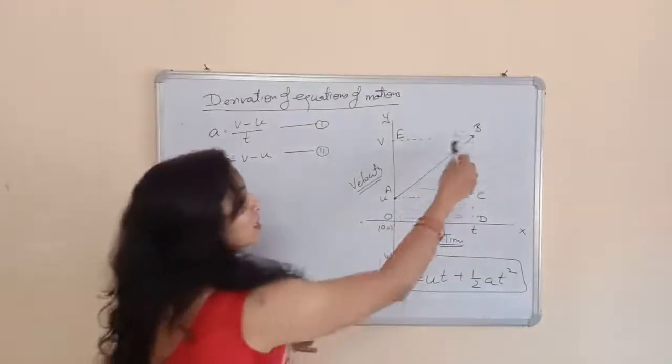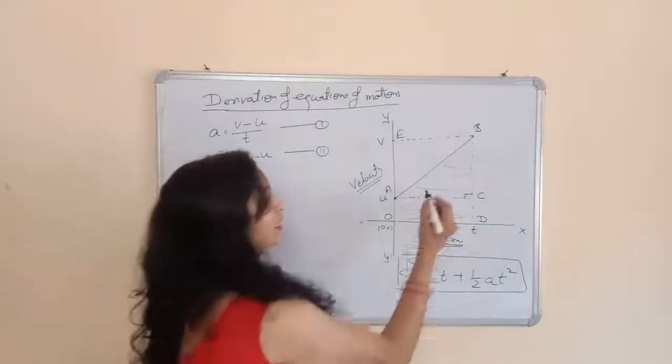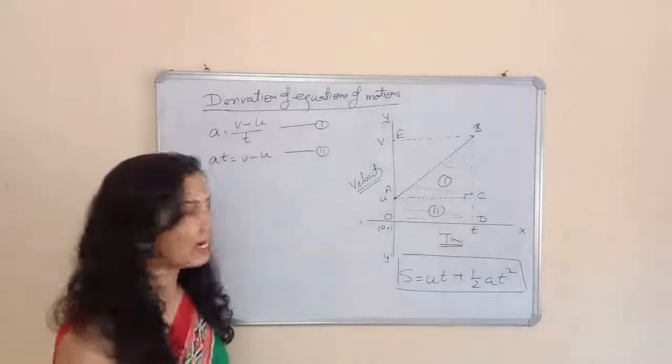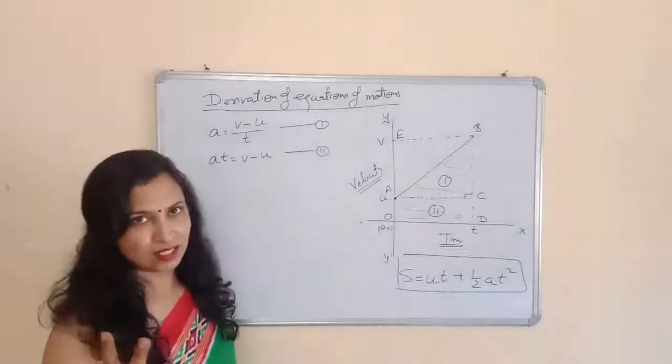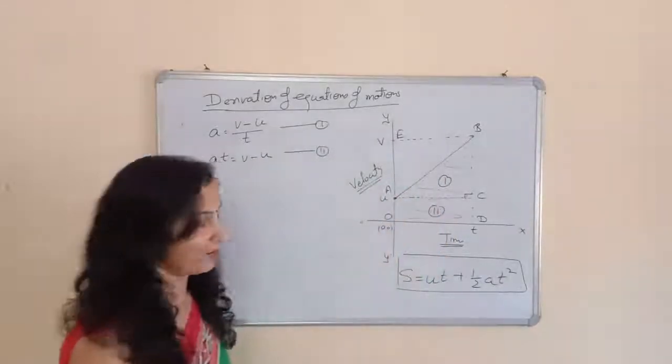So this portion is actually in the form of trapezium, or we can say it is, first one is the triangle and second one is the rectangle. We can divide this figure A, B, D, O in the two parts. First one, this is a triangle, and second one, this is a rectangle.